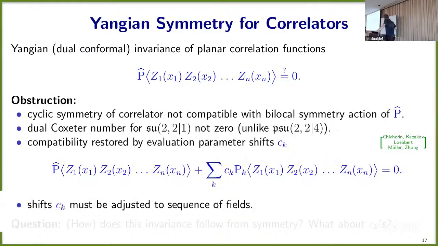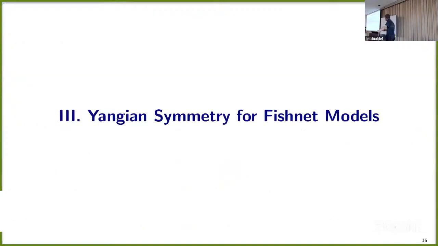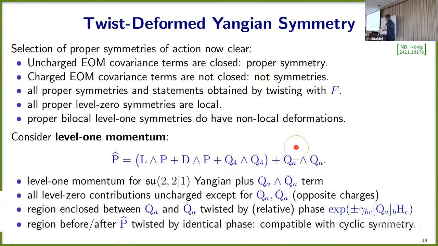Well, there's one obstruction towards it, and namely that is cyclic symmetry. A correlator cannot really be invariant under such a level 1 generator because it's cyclic, and this cyclic symmetry is not compatible with the bilocal symmetry action of P hat, and that's because the dual Coxeter number for PSU(2,2|1) is not 0, unlike the one for PSU(2,2|4), and that is basically because you have these extra terms here.